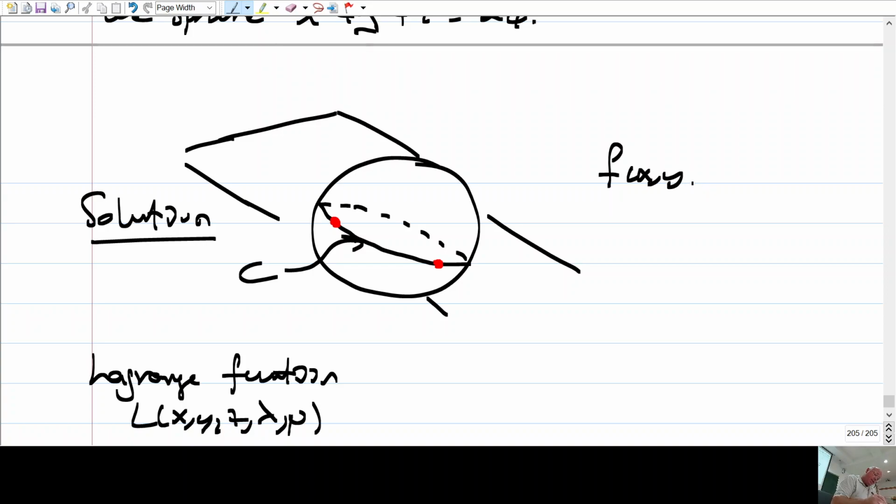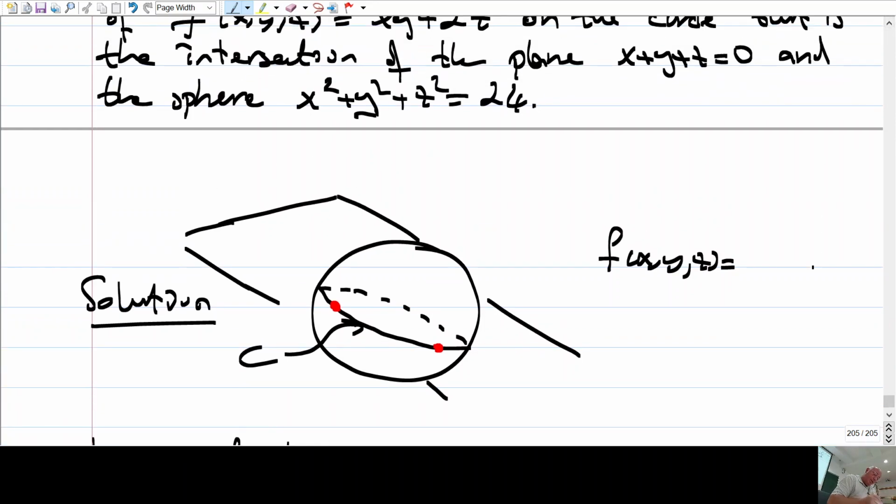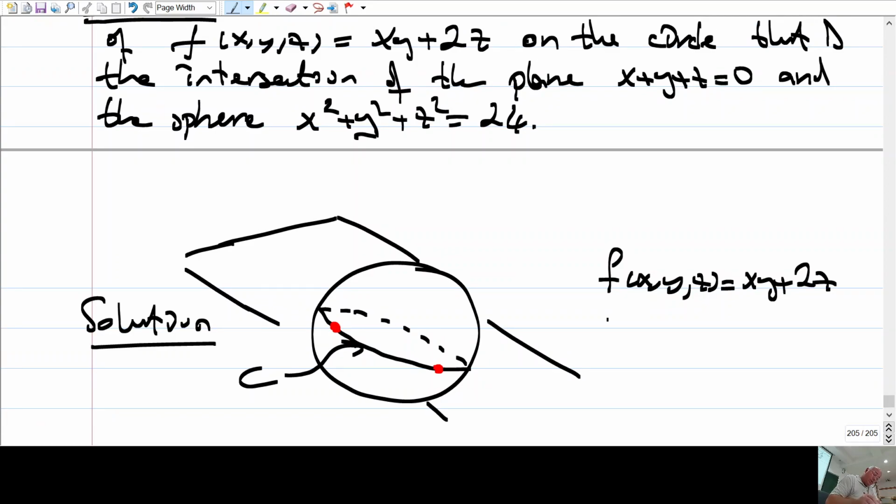F of x, y, z is what? Neydi bu? X times y plus 2z. G of x, y, z is x plus y plus z equals 0.